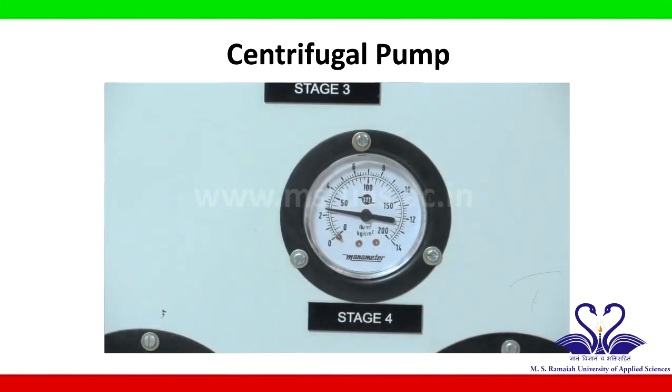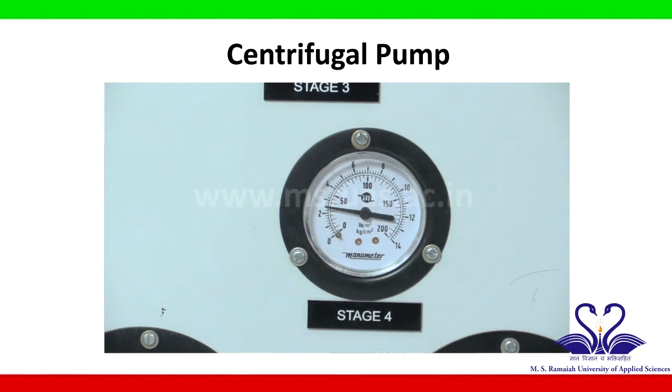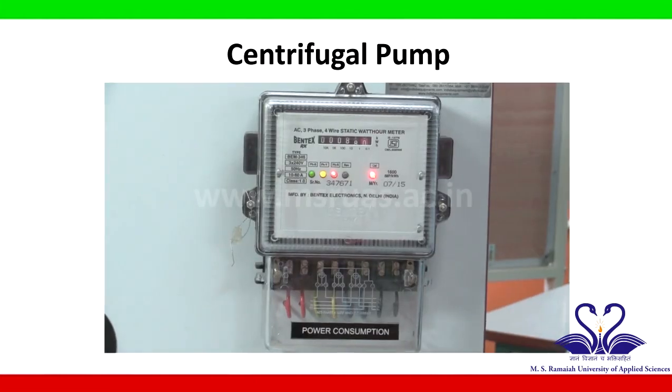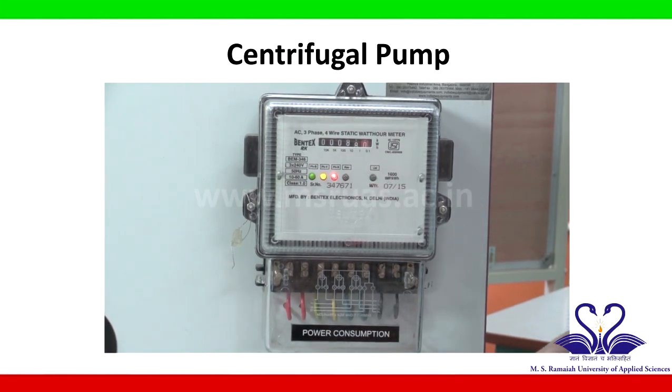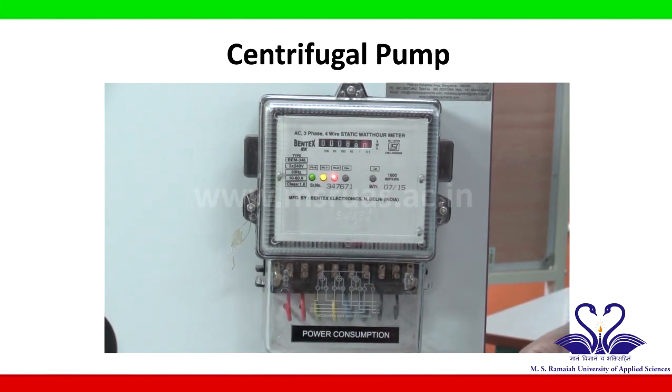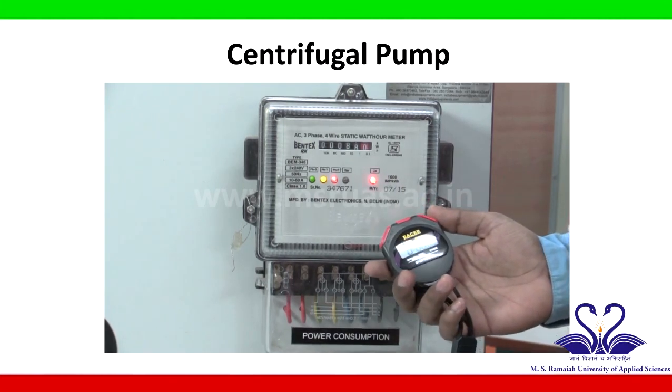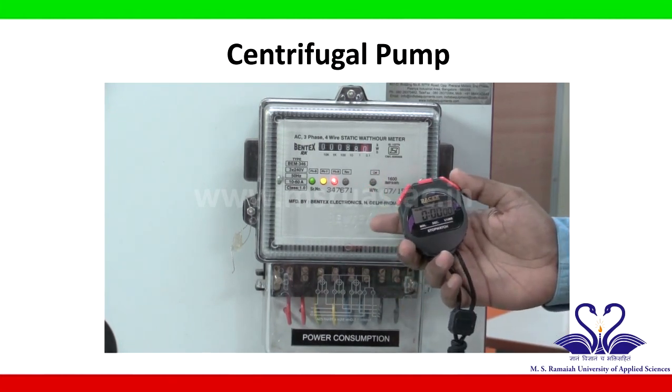The value is around 2.6 kg per centimeter square. To calculate the power consumption of the electric motor, we need to note down the time for 20 blinks on the energy meter.